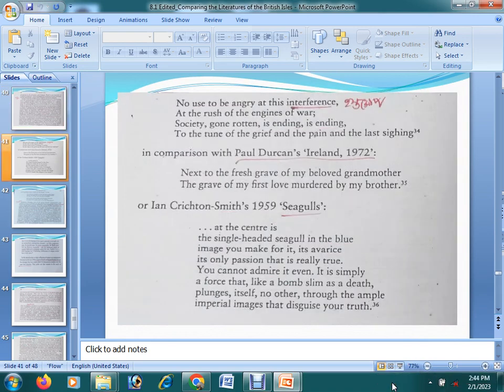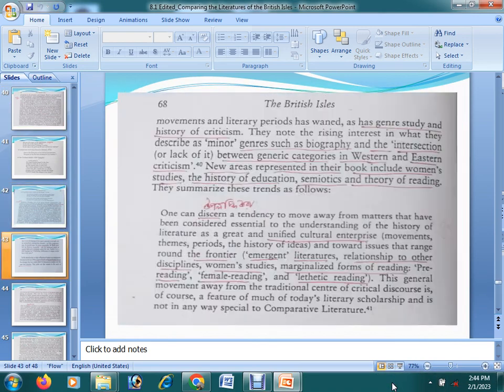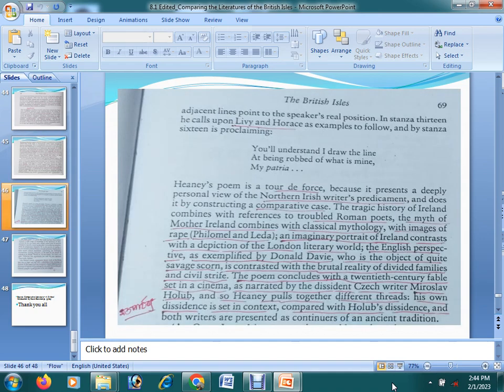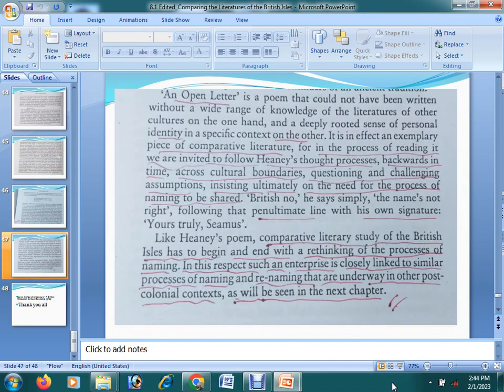Okay, so that is the thing we want to tell in this class. Some other things are there. You will be reading all these things, and especially Seamus Heaney, he claimed many things. That means he said that I shouldn't be called an English writer. I should be called an Irish writer.